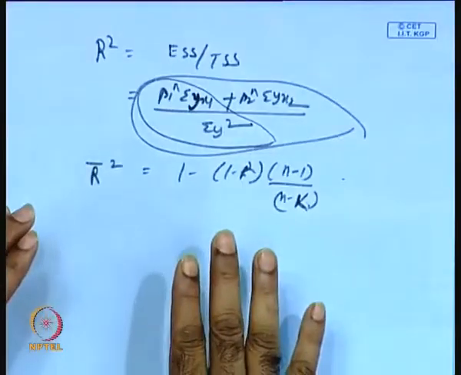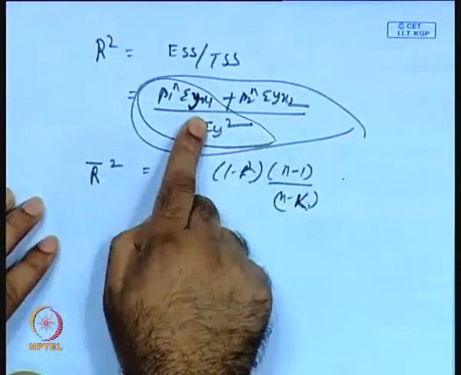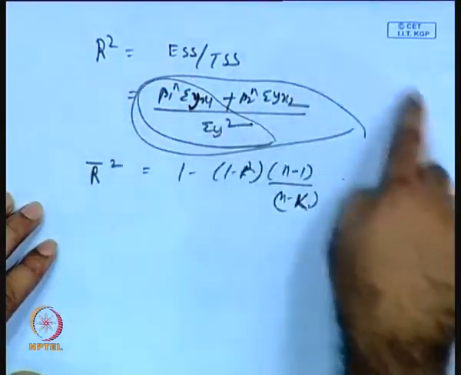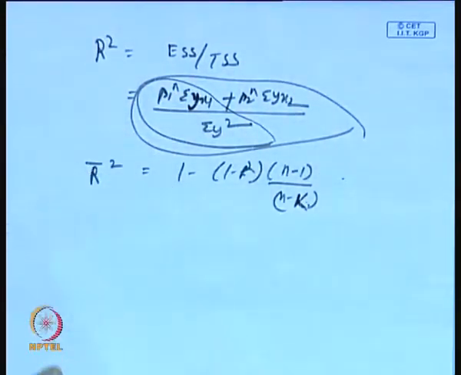If you follow that path, every time the numerator value will keep increasing, but at the same time the summation y square below remains constant, whether bivariate, trivariate or multivariate. So the lower portion is always constant. Once you add one variable after another, R square will become higher and higher.